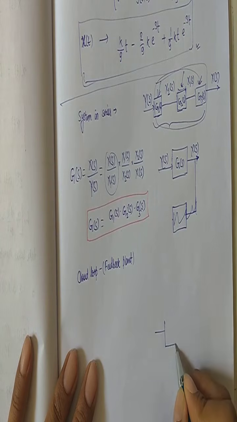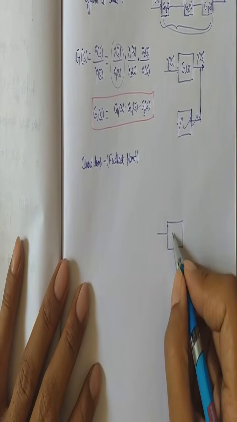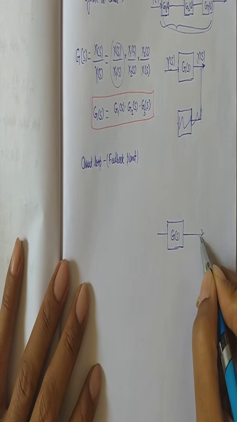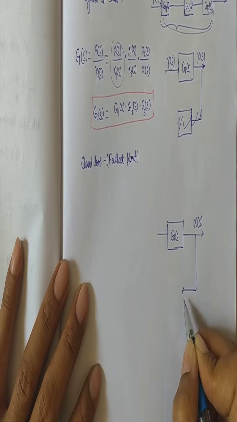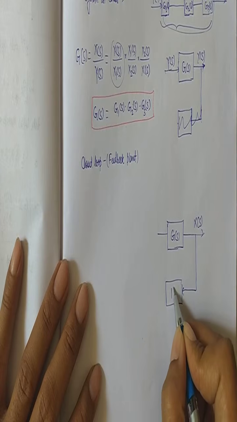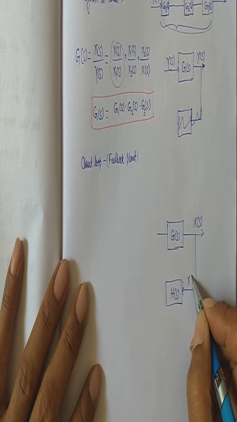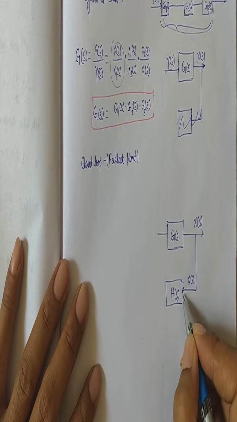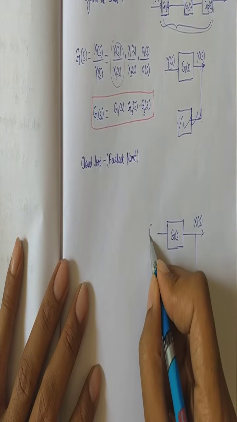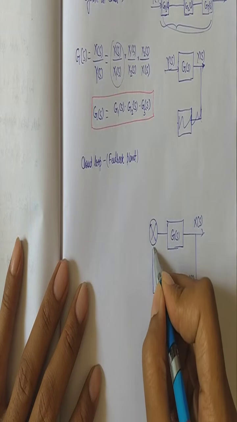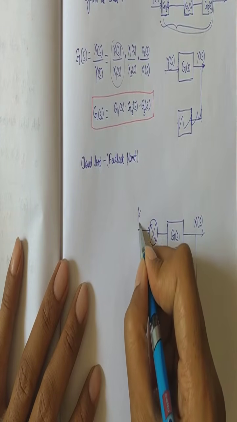Let's suppose I have a GS. I have an output XS, and a feedback with some measuring device, which we call HS. I'm taking this XS signal and feeding it back through some measuring device, and comparing it with a comparator, and this is my actual input YS.